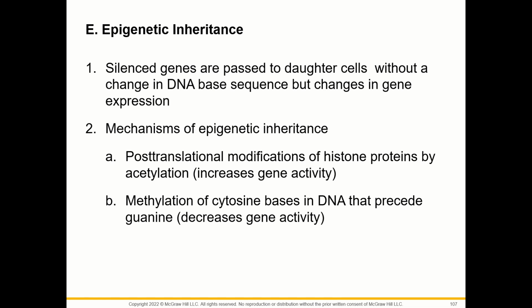And then the epigenetic inheritance occurs by two primary mechanisms. We just saw that one is post-translational modifications by acetylation, and the other is the methylation of cytosine bases. All right, so the last paragraph says that scientists were surprised to discover that some epigenetic changes can be transmitted to the next generation through modifications of the germ cells, which are the sperm and the ovum.